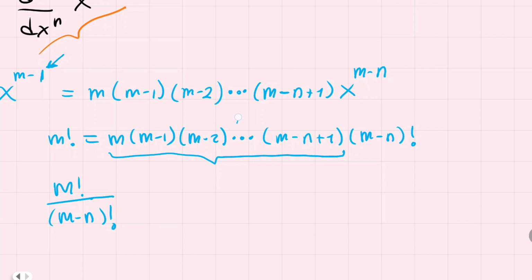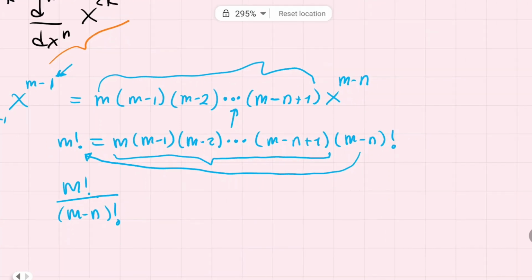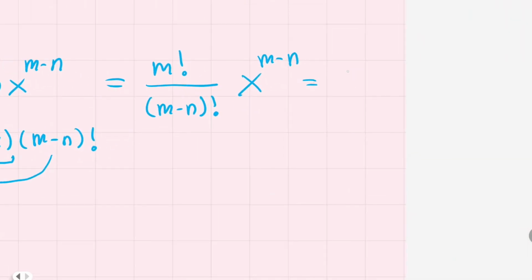But that is what we have here. Okay? So we can say that this is equal to m factorial over m minus n factorial, because I take this into the left hand side of the equation. Okay, so we can rewrite this as m factorial over m minus n factorial times x to the m minus n. And remember that we were calculating the derivative with respect to x n times of x to the m.